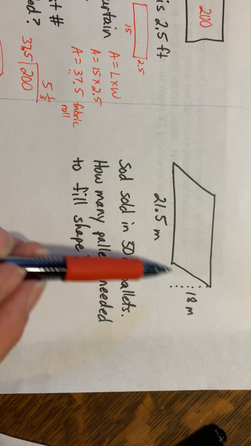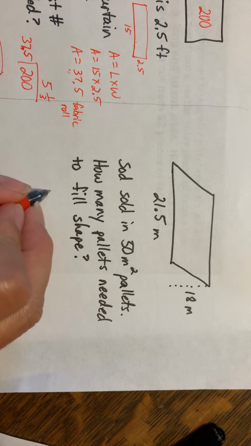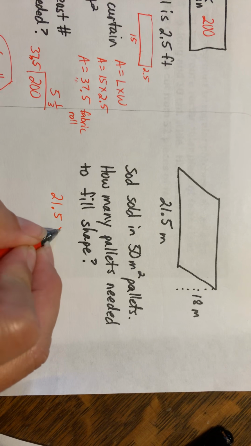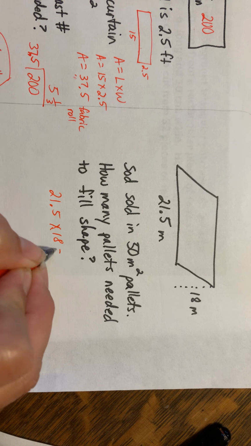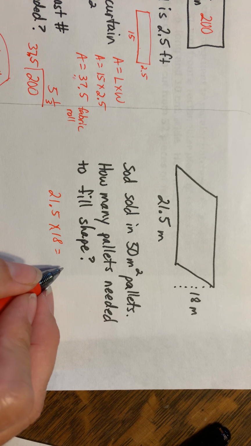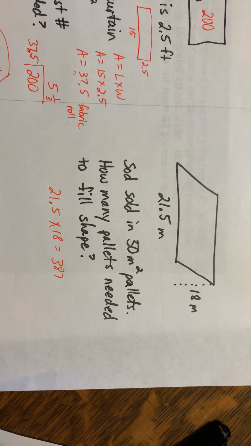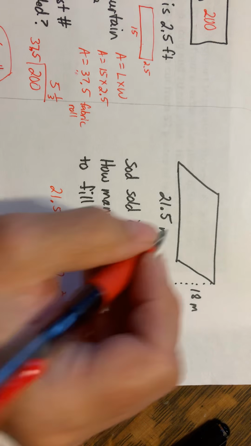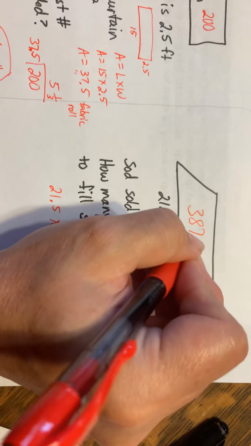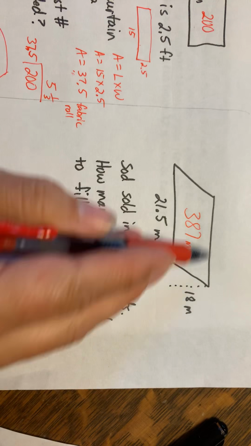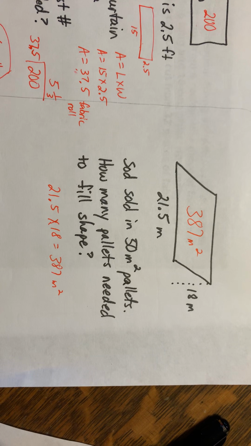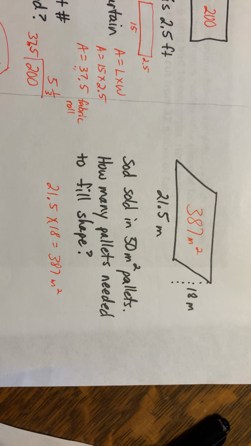So 21.5 times 18. So when I work that out, 21.5 times 18, then I end up getting an area of 387 meters squared. So this whole thing is 387 meters squared. That's how much sod or grass I need to fill all that in.